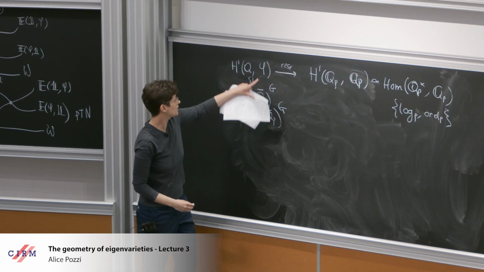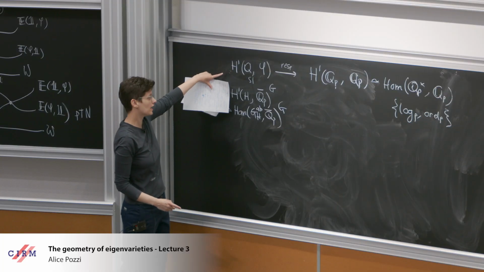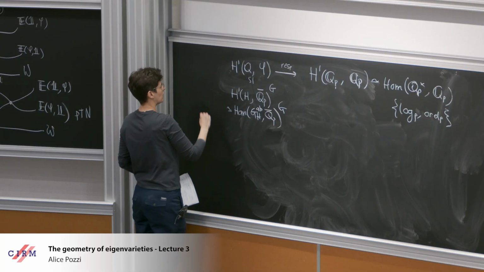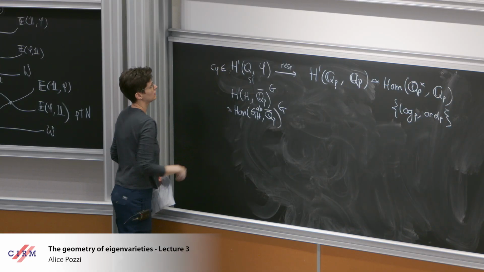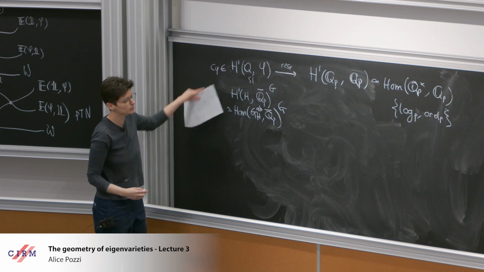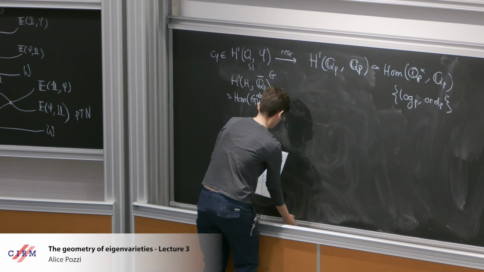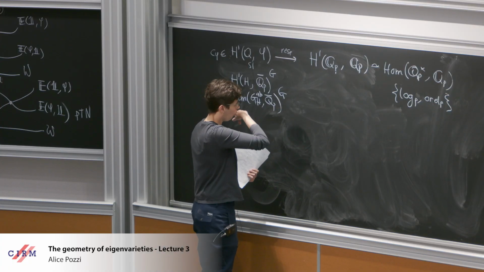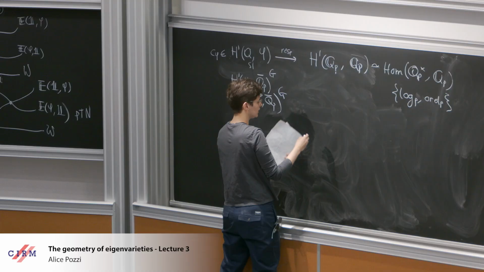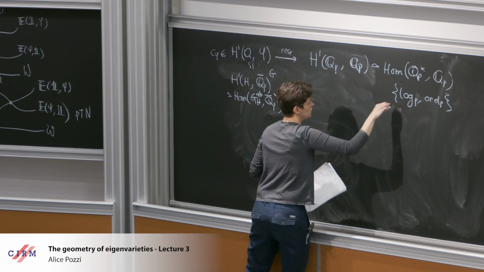And now the claim is, if I take this guy here, turns out that this is actually one-dimensional as well. So it has a generator in here, and I can see where it lands up to a scalar. This is a two-dimensional space.